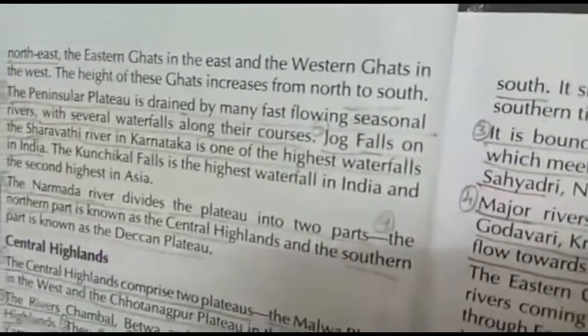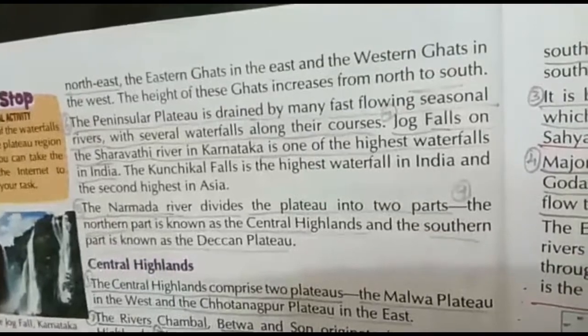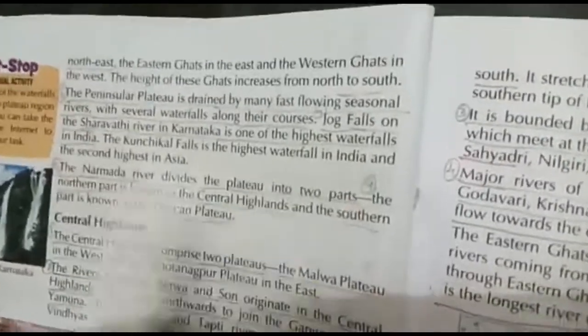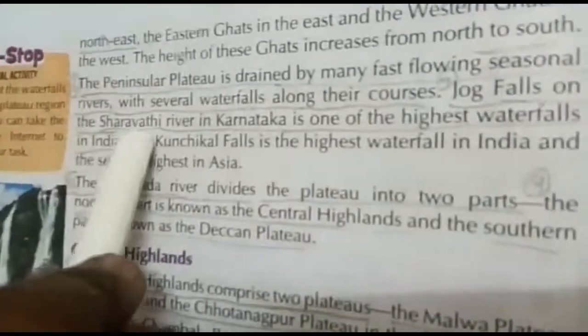This peninsular plateau is drained by many seasonal rivers, with several waterfalls along their courses. What are the waterfalls here? Jog Falls on the Sharavati river.